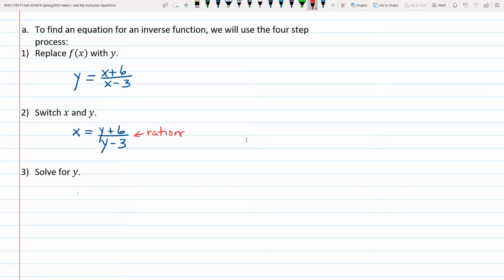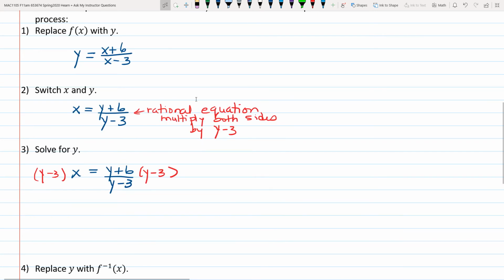One of the things you can do to solve a rational equation, whether it has more than one variable or not, is to multiply both sides by the least common denominator. So in this case, we're going to multiply both sides by the only denominator there is, which is y - 3. When we do that, we can cancel the denominator on the right. y - 3 divided by y - 3 is just 1. 1 times anything is itself.